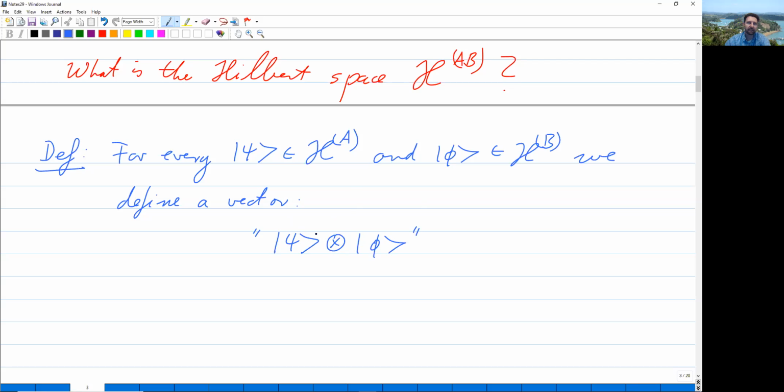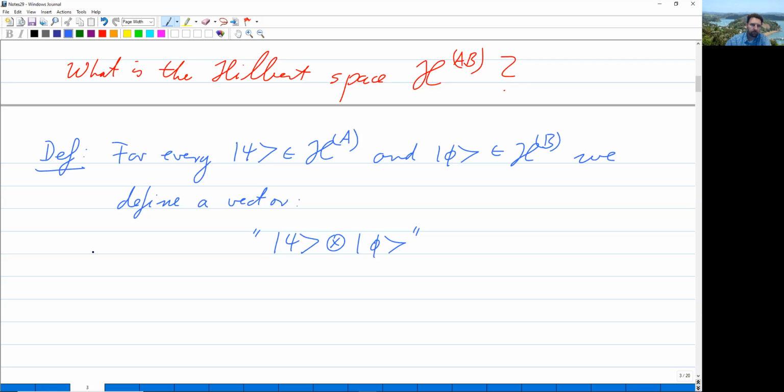Just take it literally as what this says. You take one vector from one Hilbert space, you take another vector from the other Hilbert space, and then you can pair them up, and you use this funny symbol in the middle to denote that you pair them up. And then we declare that this is a vector in the Hilbert space HAB.